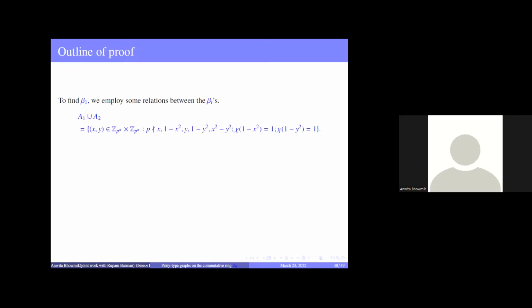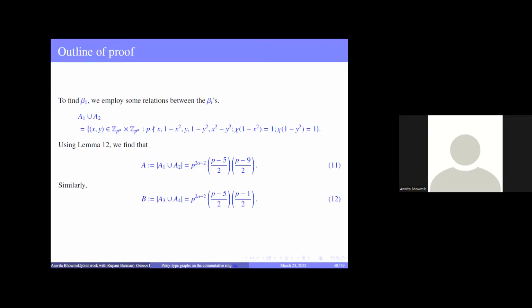So for example, if we consider A1 union A2, then here you see that chi of x square minus y square can be either 1 or minus 1. So the only restriction is on chi of 1 minus x square and chi of 1 minus y square. Using a previous lemma on cardinality, we find that the set has cardinality this value, which we denote as capital A. Similarly, the cardinality of A3 union A4, we call it capital B, which is this cardinality.